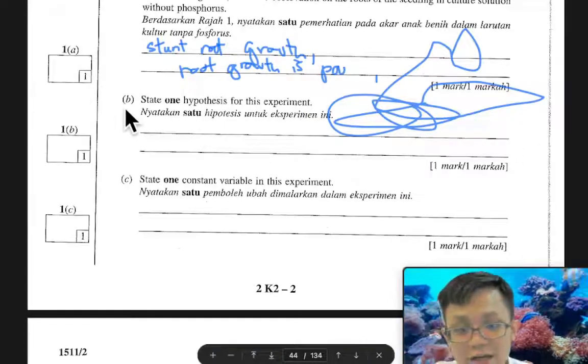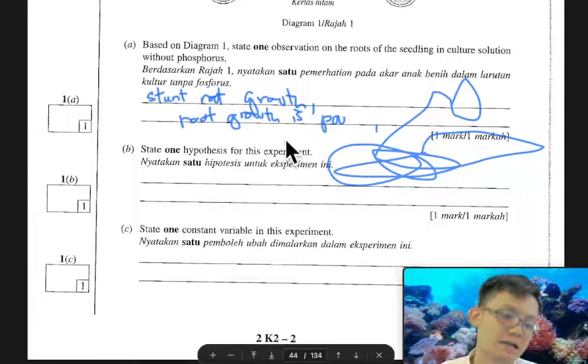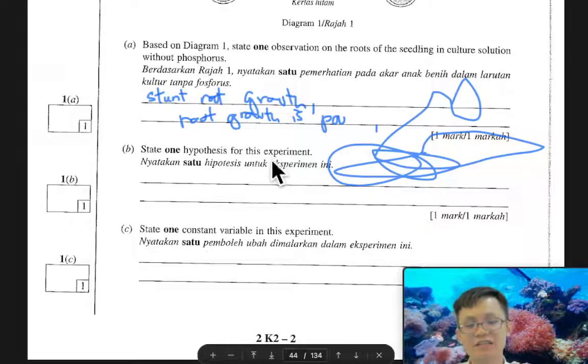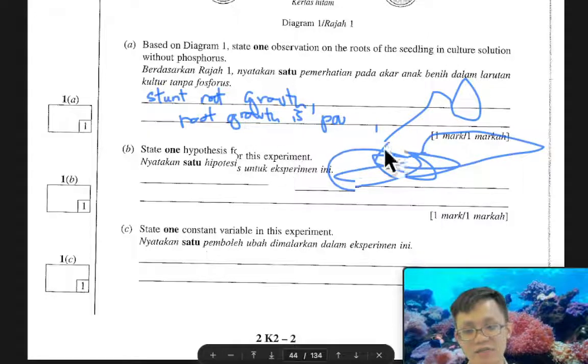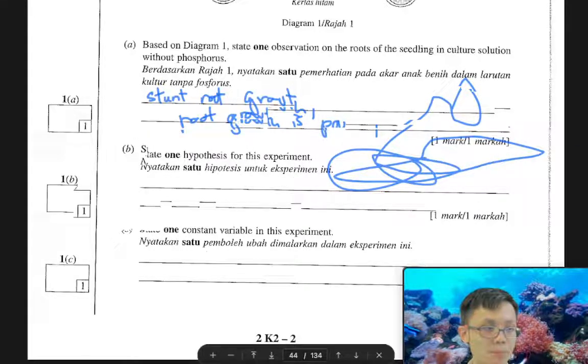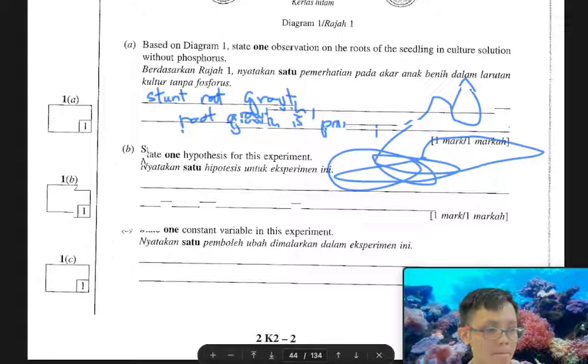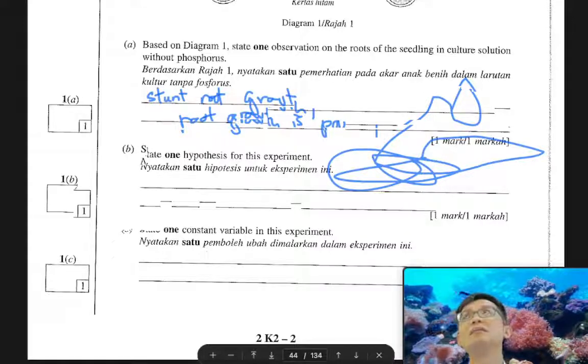Okay, state one hypothesis of this experiment. So what is the hypothesis, what is the relationship, and what is the thing that they want to test in this experiment? Dealing with complete culture solution, plants are healthier. Are you sure that is the hypothesis?